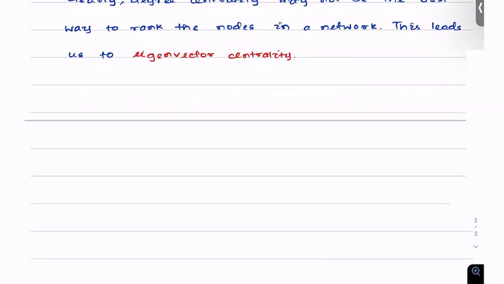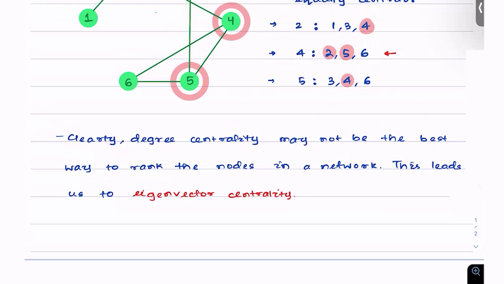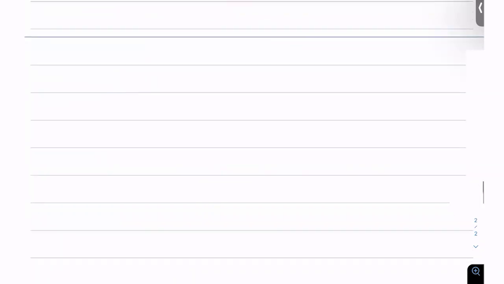Let us try to understand what exactly eigenvector centrality is. We have been motivated enough that there is a need for one more centrality measure that can distinguish between these kinds of nodes, 2, 4, and 5. Let us see if eigenvector centrality can actually do that. So let's get started.